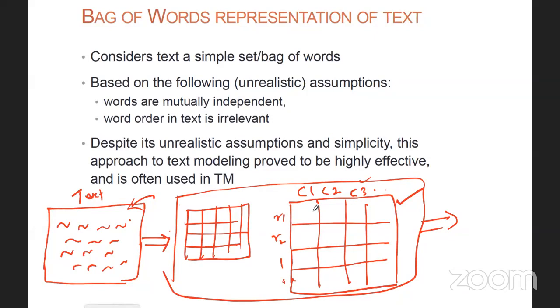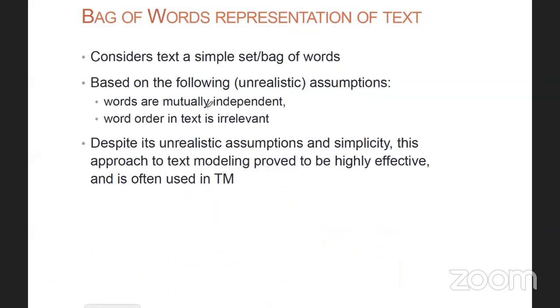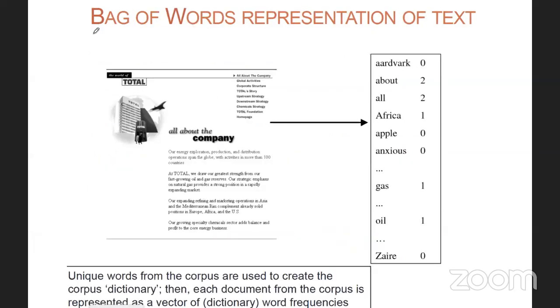The first method to convert unstructured data to structured data is the bag of words, or BOW, representation of the text. This is the first method to impose a structure onto unstructured data. Let us see how we give a structure to a website, which is a very simple method.